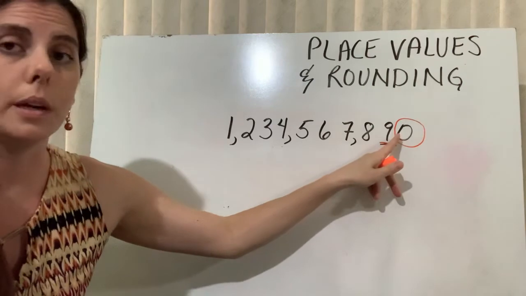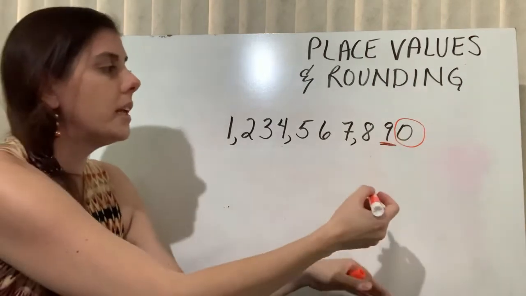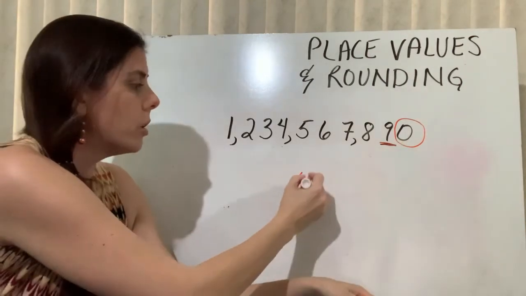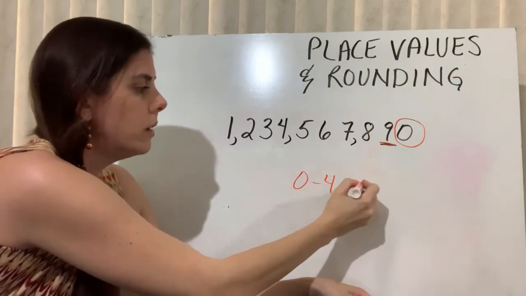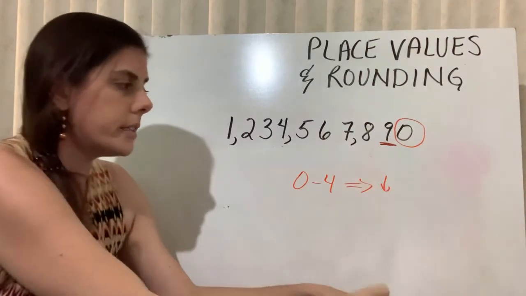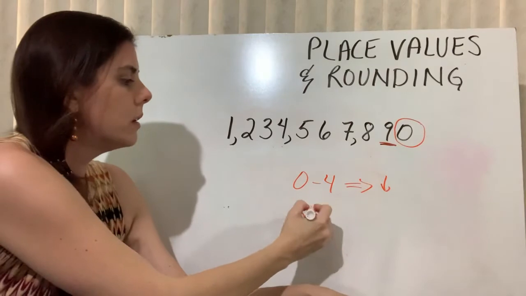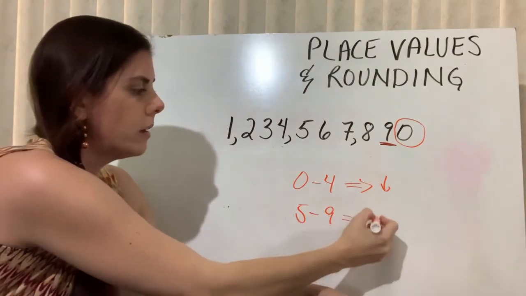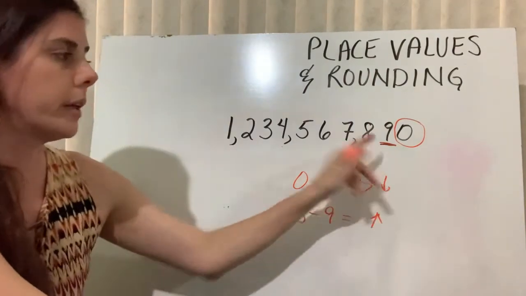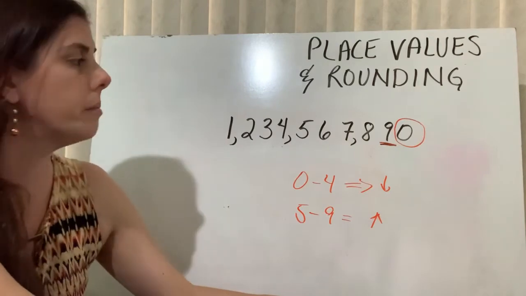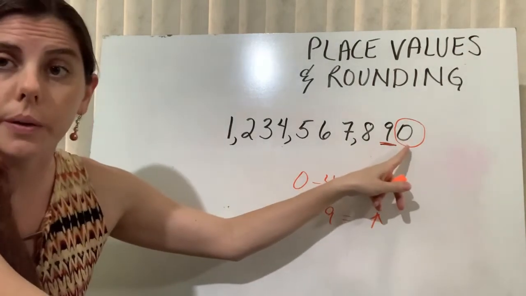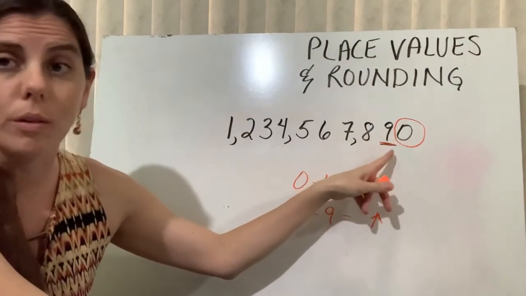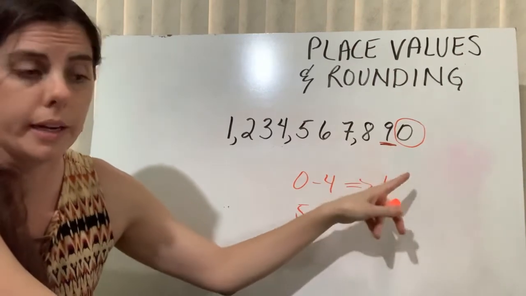Since this is between a 0 and a 4, that means we're going to stay the same. So 0 to 4 means that we stay the same or round down. 5 to 9 means that we round up, or this place value would go up. Since this number is a 0, we already have it rounded. It's just going to round to 90.